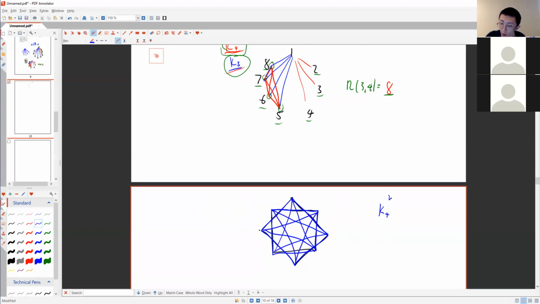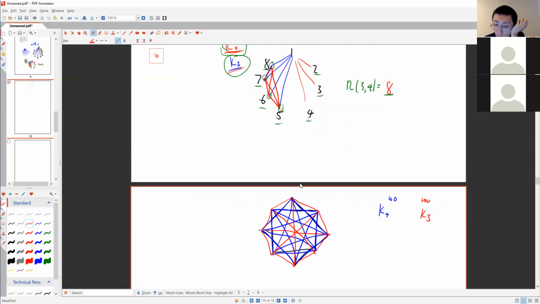Yeah, so no blue K4 and no red K3. So the reds, let's see, they are all the missing ones, which are these, and the longest diagonals. Yeah, so apparently that's a counterexample.